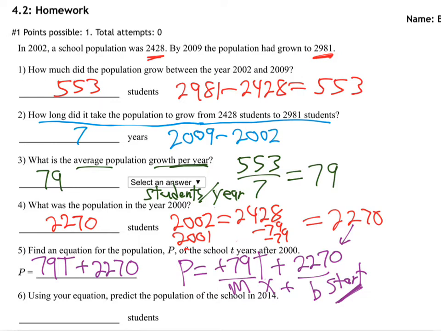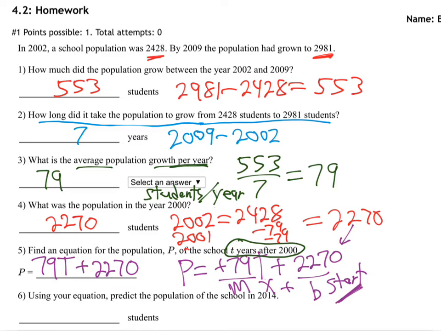Just the 14. For T, it's time. So not 2014, but 14. Why? Because remember what T is? Look up there at T. Read those words. They're telling you the whole secret right there. T is years after 2000. So if it's 2014, that's 14 years after 2000.